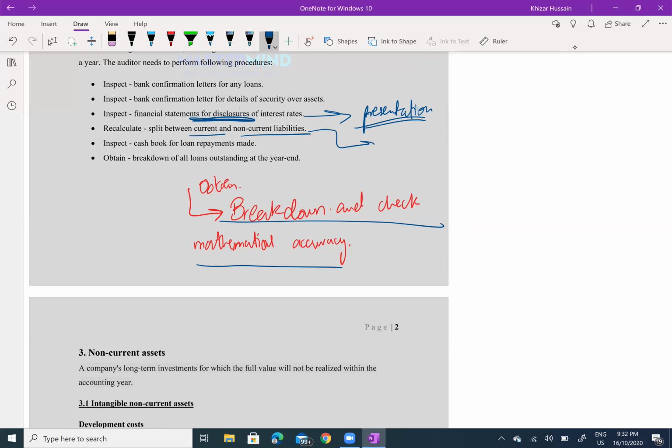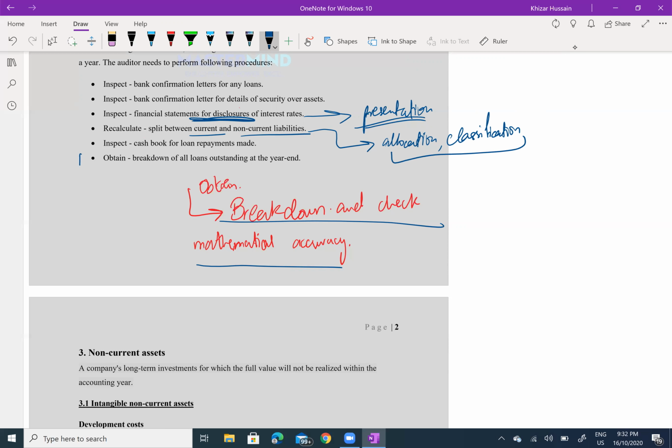This probably talks about allocation. You studied classification as well, right? So allocation and classification.